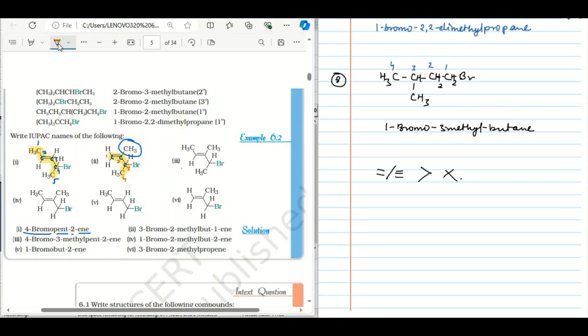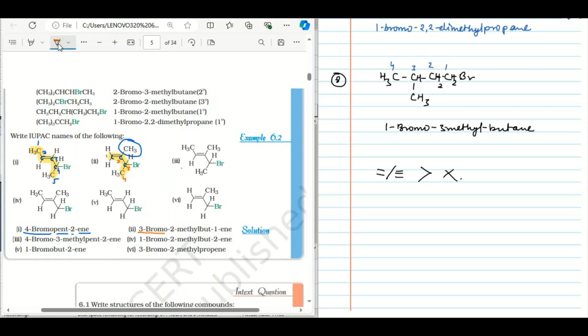So bromine is bonded to third carbon, double bond from first carbon, and methyl is bonded to second carbon. So the name of this molecule will be 3-bromo, as we have used prefix for bromo. So that's why we have to write bromine first. So here you will get 3-bromo 2-methyl but-1-ene, as double bond is present at first carbon.